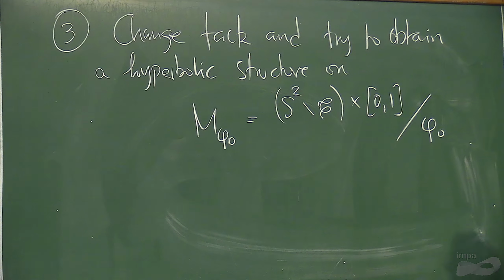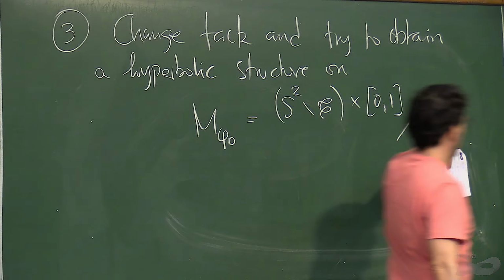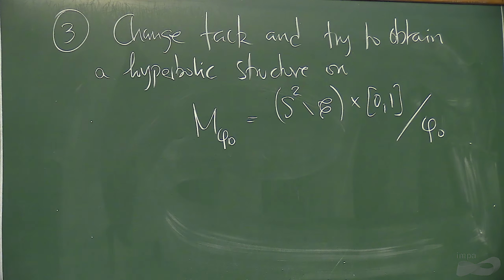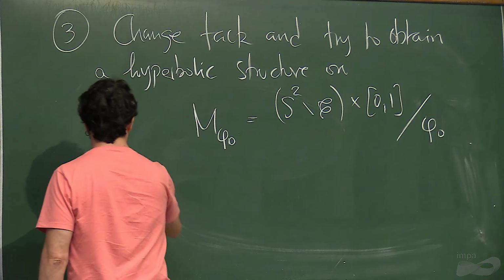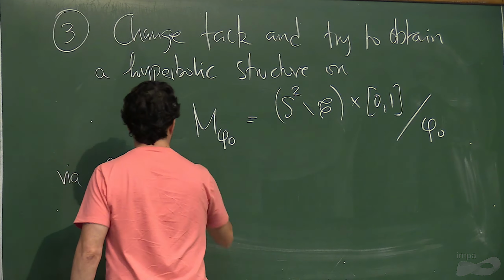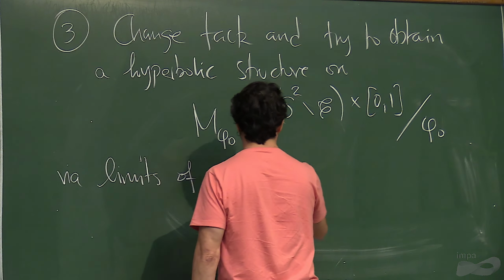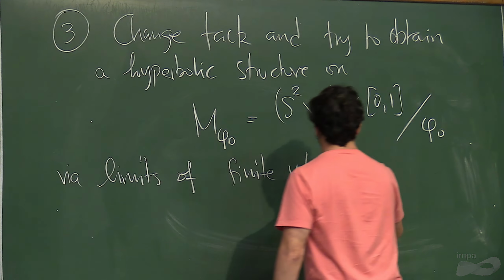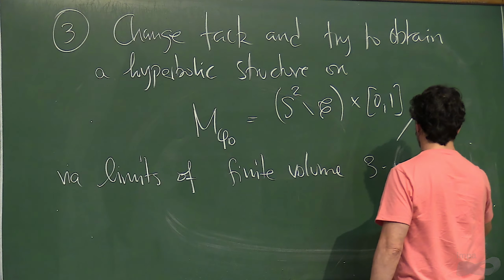You take the product of this with the interval and glue the two ends by the tight horseshoe, via limits of finite volume three-manifolds. Okay, how are we going to do this?